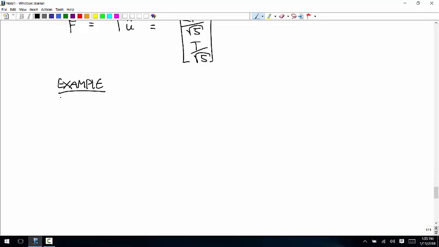Okay, so let's say that we have a wall that makes a 60-degree angle with the horizontal. And a force vector, F, that makes a 15-degree angle with the wall.